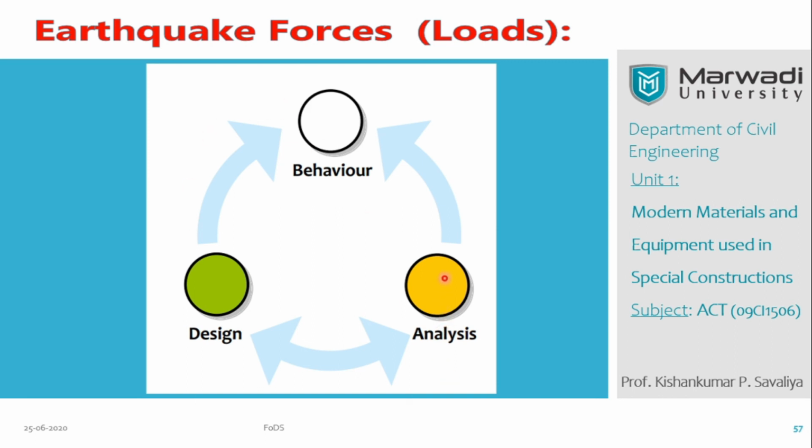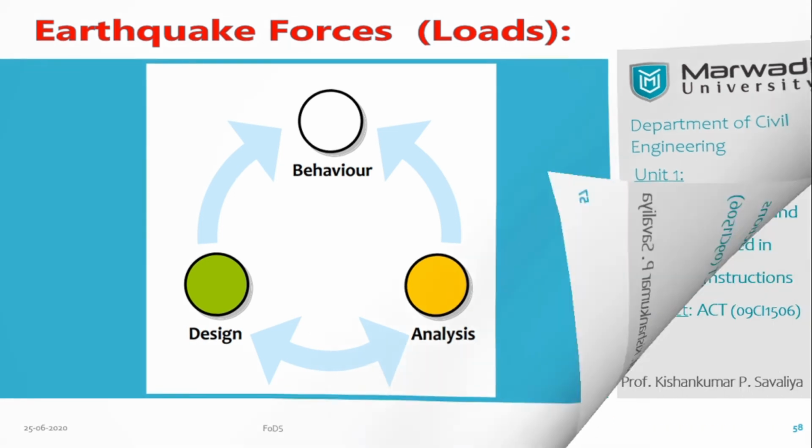Similarly, analysis is also directly connected to the behavior of the building, and design and analysis are interconnected. So if you want to design an earthquake resistance building, check the behavior first, then go for the analysis. After checking the behavior and analysis, you will go for the design and actual implementation of the building. So this is for the earthquake load and the earthquake resistance building design and construction.